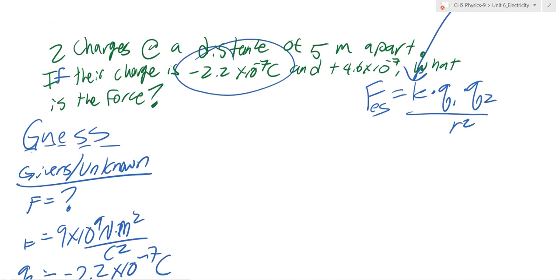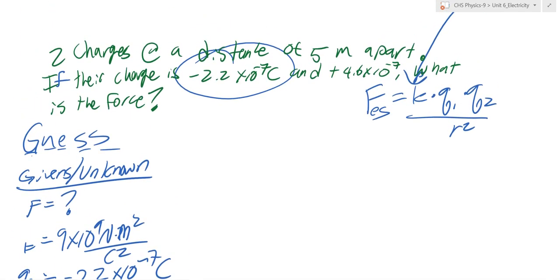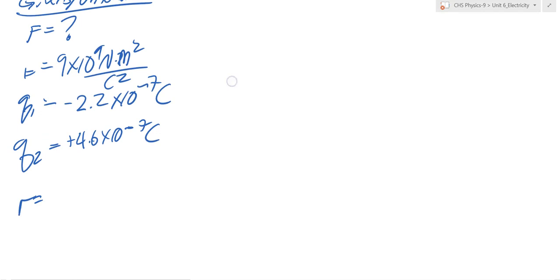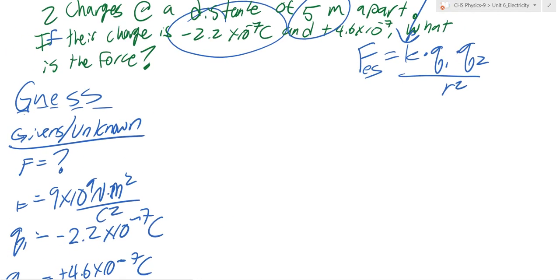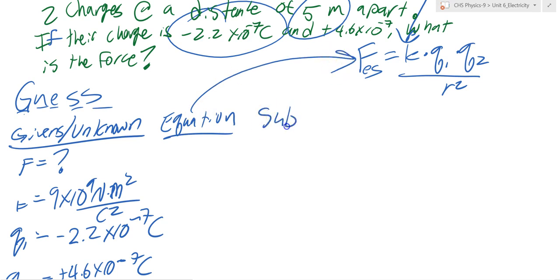And then R, the distance between them, is 5 meters. Now I'm going to take the equation, substitute and solve.